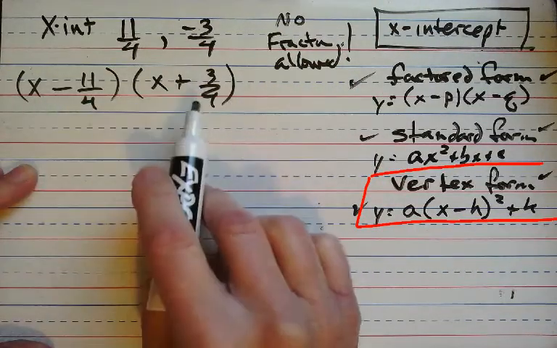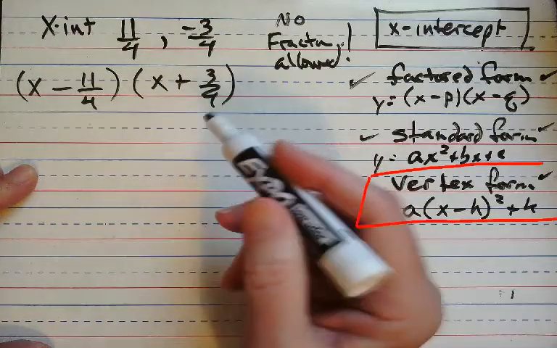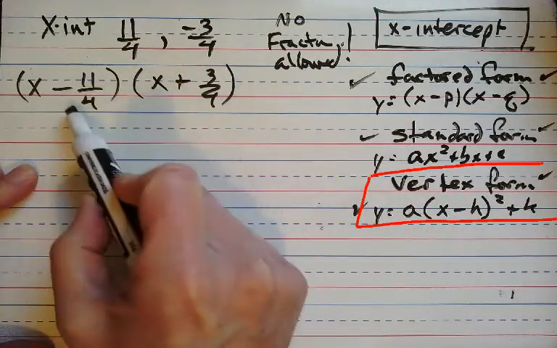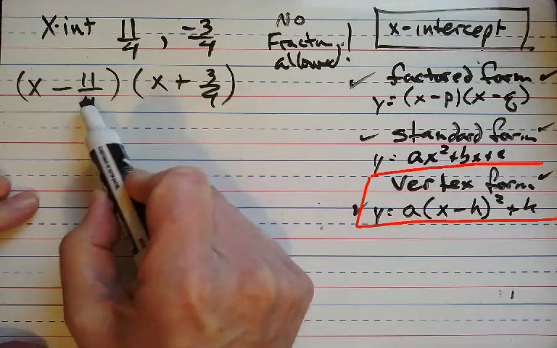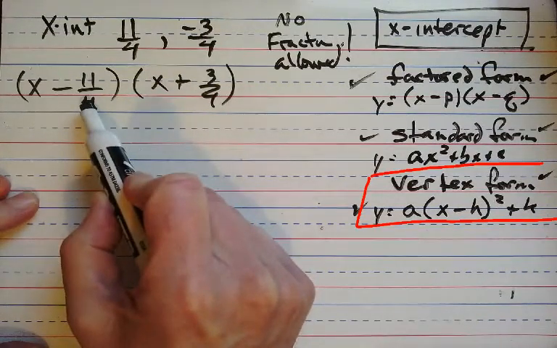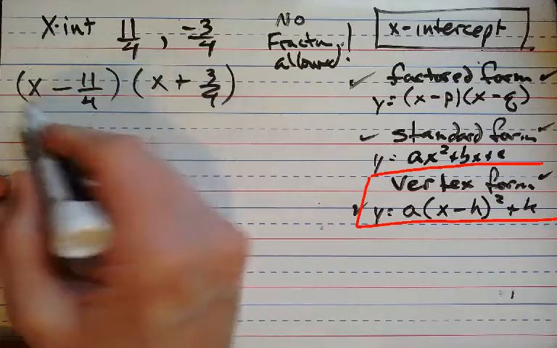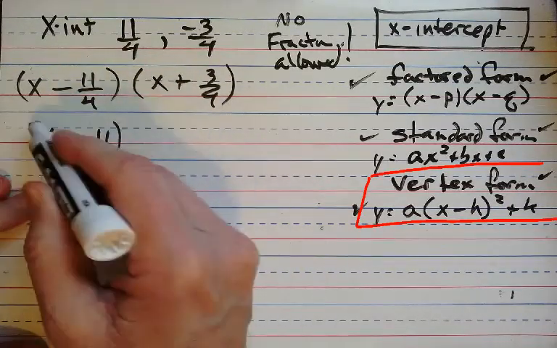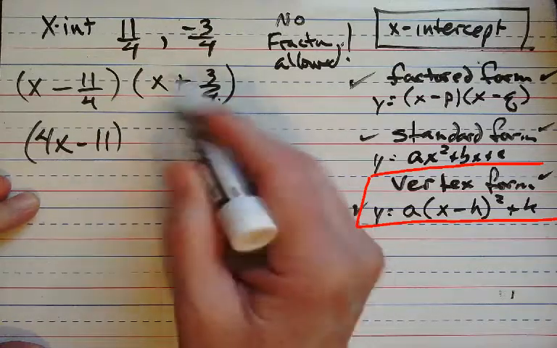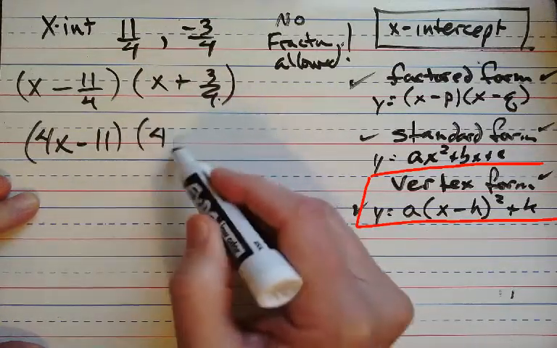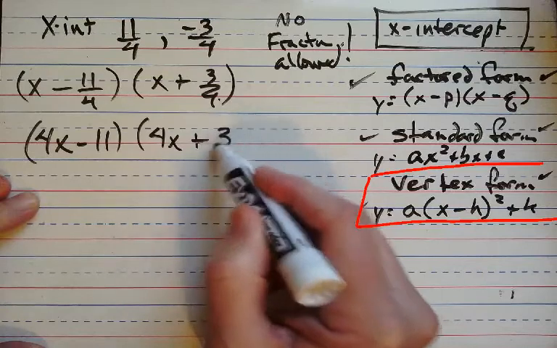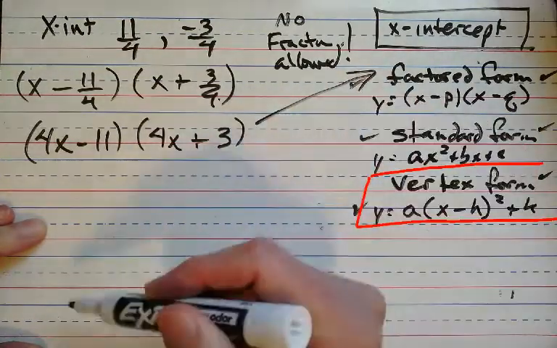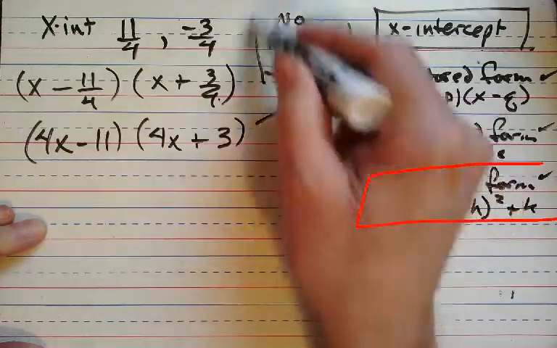So I have to make them whole numbers. And so the way I do that is I have to multiply. I have to get rid of the fraction. So I'm going to multiply by the denominator. So instead of this, I'm going to have 4x minus 11. And here I'm going to multiply by the denominator, 4x plus 3. Ta-da! Factored form. No fractions allowed.